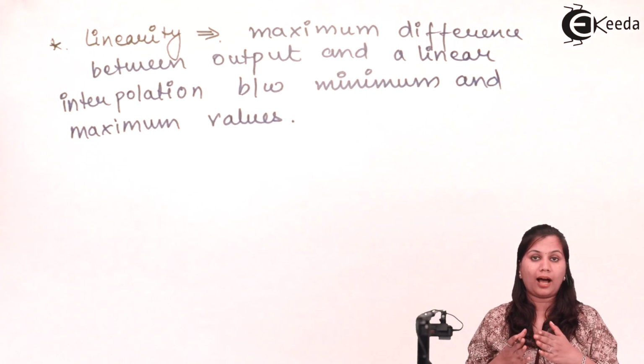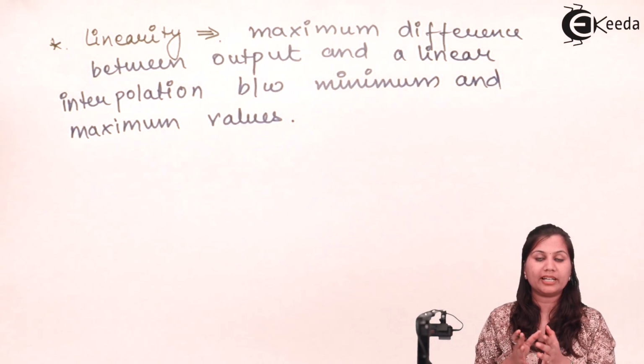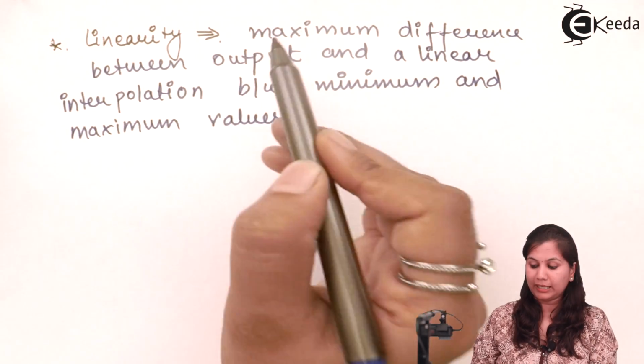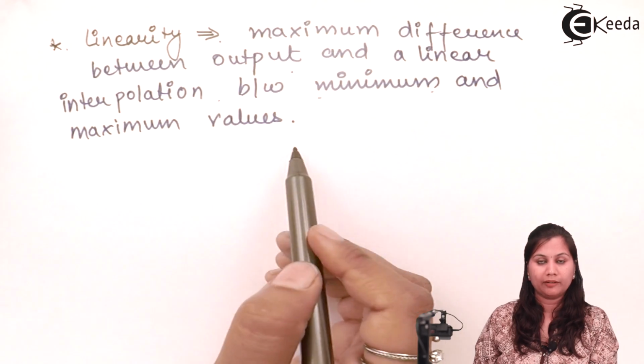That means how linearly the output is related to the input. What is the relationship between them? So, the maximum difference between the output and a linear interpolation between minimum and maximum values.